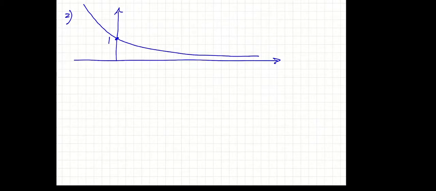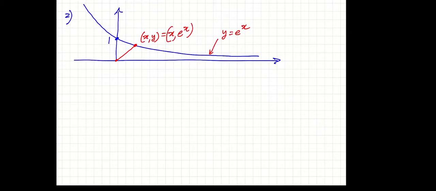It's 1 here. So you need to find the distance from origin to here somewhere, right? I told you when you get that one, take the point x and y here, right? And this is y is equal to e^x, right? So if y is equal to e^x, so x and e^x, right?